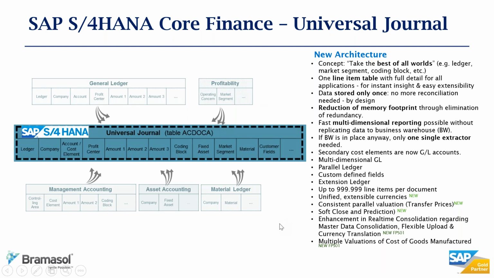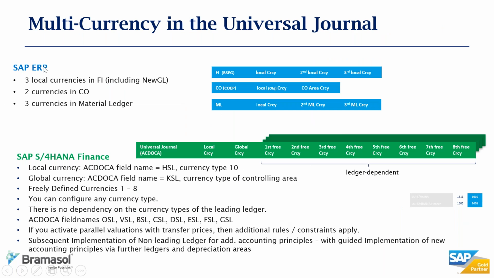The Universal Journal also provides for some additional currencies. So in your traditional ERP systems within SAP, you've got your 3 local currencies within FI, so you can handle those. You've got your currencies within your CO as well as your material ledger. So you've got multi-currencies here. When we're looking at an S4HANA instance or Central Finance within the Universal Journal, you can have up to 10 local currencies, meaning that you'll have your local currency, global, and then 8 free currencies.